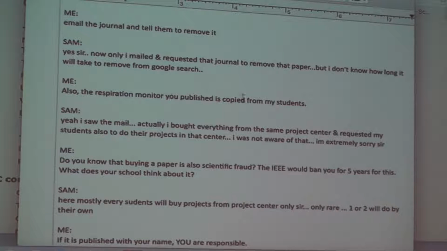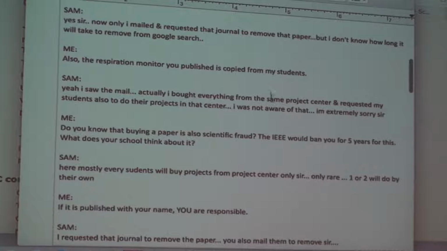Respiration monitor you published is copied from my students. Yeah, I saw the mail. I actually bought everything from the same project center and requested my students also do it. So she's a teacher and she's telling her students to buy the projects. This is shocking.